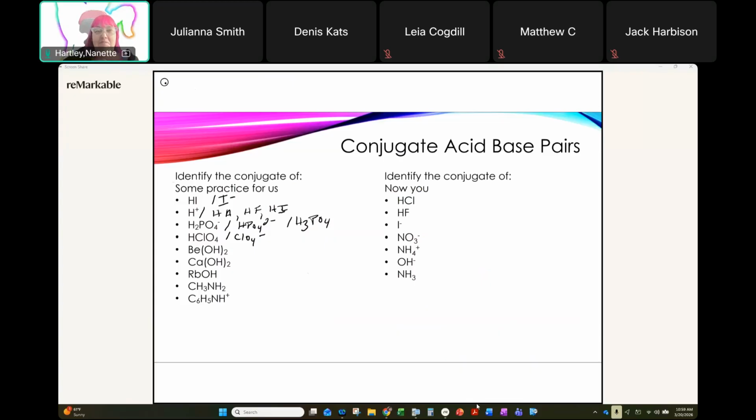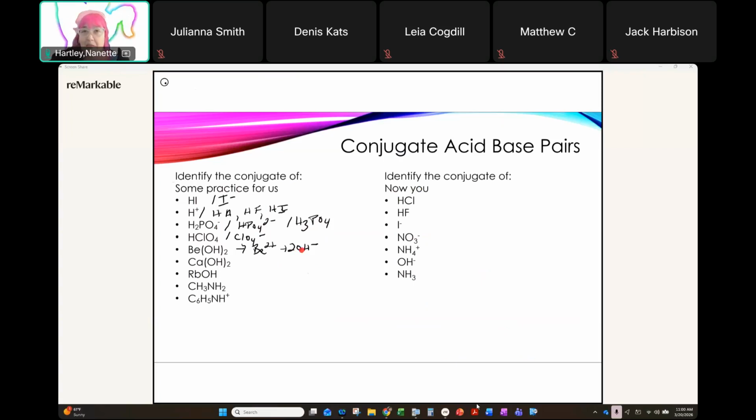So now let's talk about our OHs. I have to think a little bit about these. It's not as obvious from where I'm at. So I have to think about the fact that this becomes Be2 plus 2OH minus, right? And the only thing in here that could be an acid or a base is this OH minus.